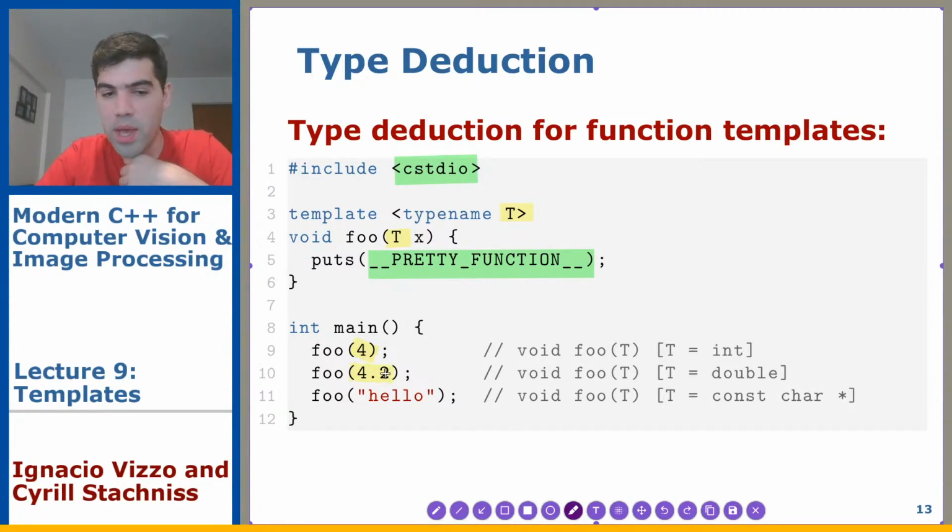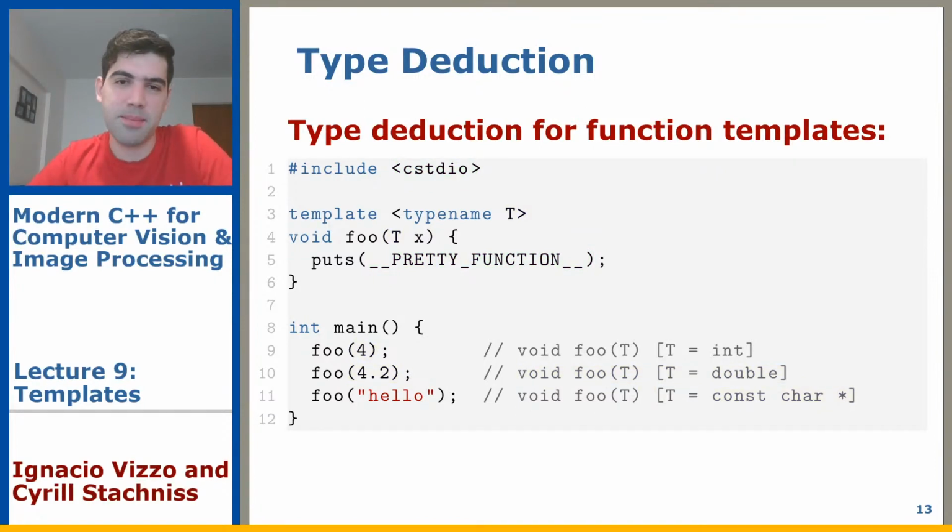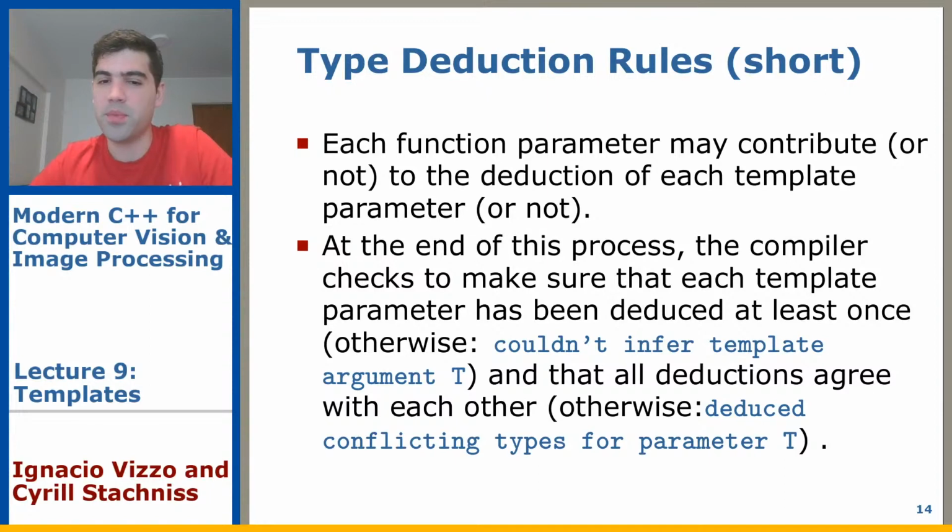In this case, we have a double, and then you might think it's a floating point, but this literal here is a double, so we generate the double function, and if you call this function, you will print this to the standard output. And the same for this string that is basically a const char pointer, right? So this is basically type deduction. It's when the compiler does the deduction for you. Again, try this example, use different values, different types to see how this works.